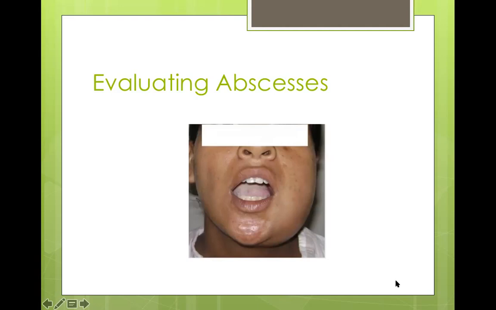It would take about 2 to 3 days for the swelling to begin to resolve, and with this kind of swelling, your local anesthetic most likely will still not work, but you want to get the offending tooth out as soon as possible. So in a situation where you are able to work with the hospital, have the patient get a couple doses of IV antibiotics, get in there, sedate the patient, get the tooth out.